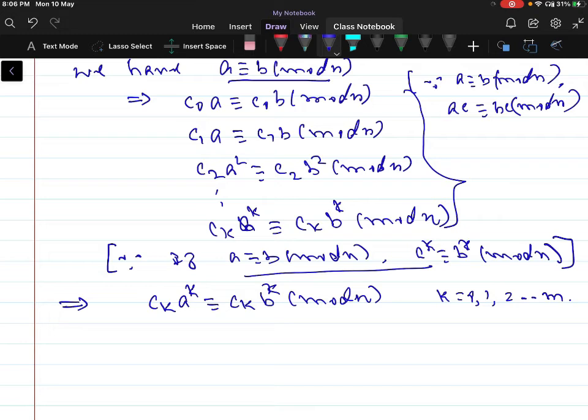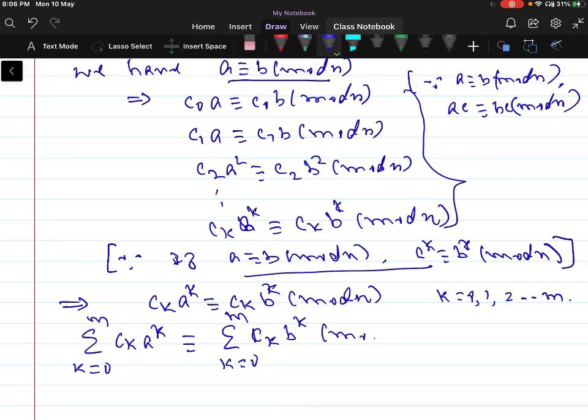So therefore, adding the above results including k equal to 0, we get the sum of k equal to 0 to m of c_k into a power k is congruent to the sum of k equal to 0 to m of c_k into b power k modulo n.